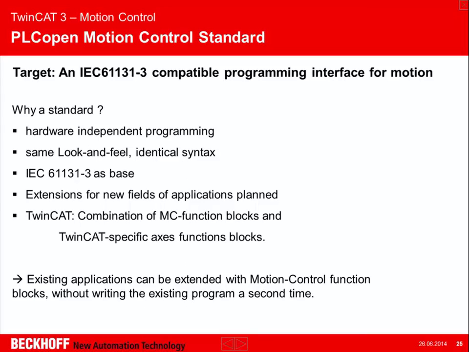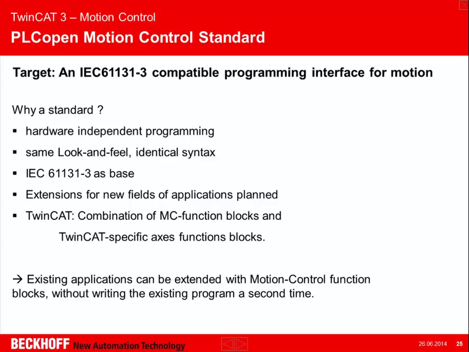We started with this in 1998, 1999, in the PLCopen group, and in the group for motion control we have vendors like Beckhoff, Siemens and others, but also end customers like Tetra Pak, which started defining the different function blocks for doing point-to-point motion control. The idea was, of course, to have hardware-independent and vendor-independent programming. Same look and feel for all the function blocks.